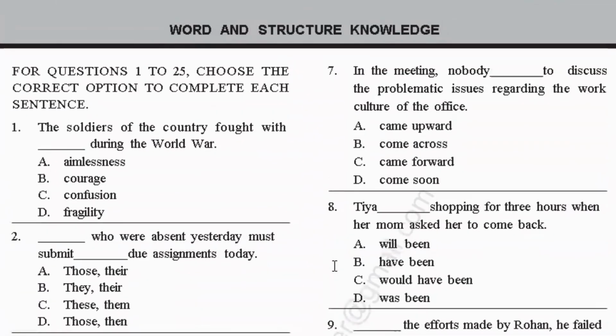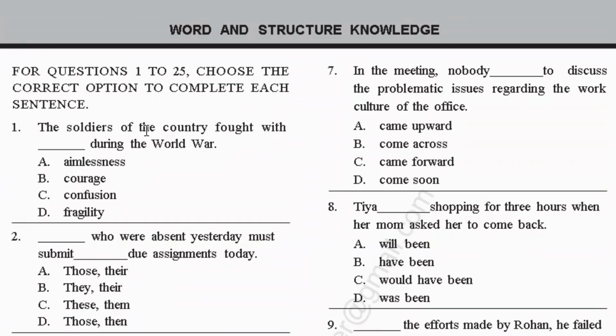Here we have the first question. For questions 1 to 25, choose the correct option to complete each sentence. The first question is: the soldiers of the country fought with dash during the World War. It can't be aimlessness, because aimlessness means lack of purpose. So we cannot use this word for soldiers fighting in the World War.